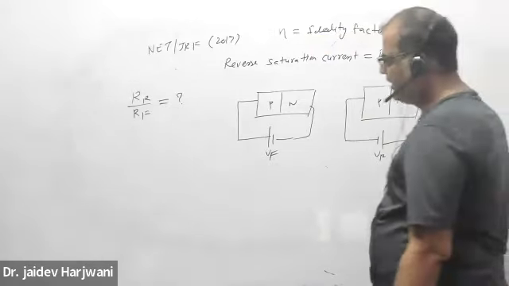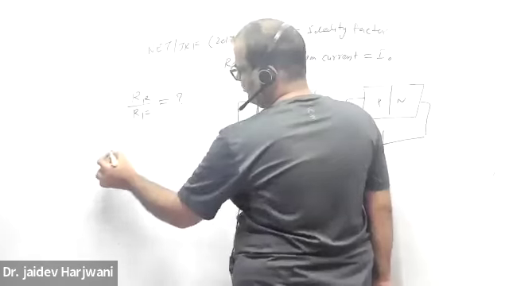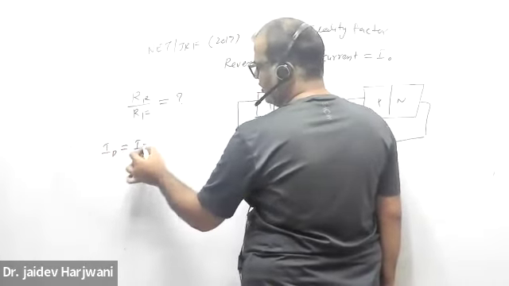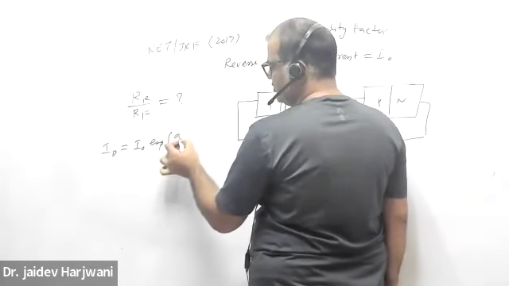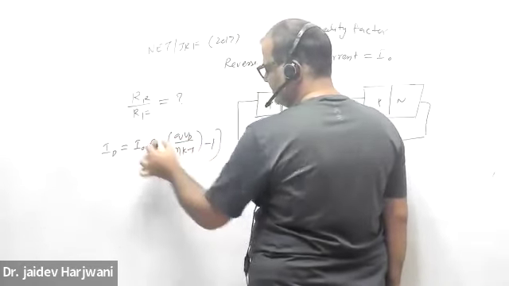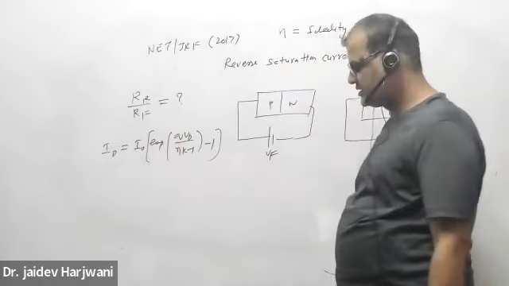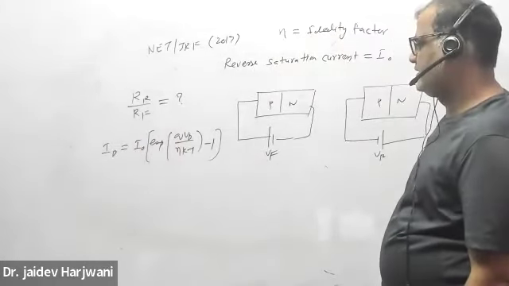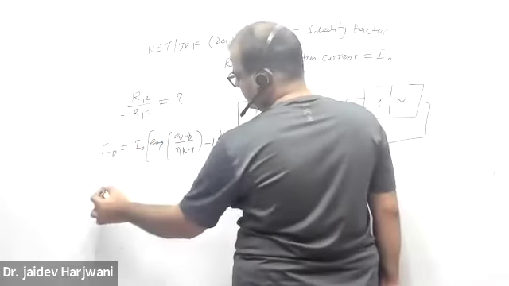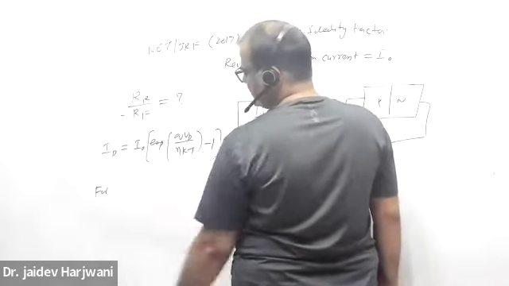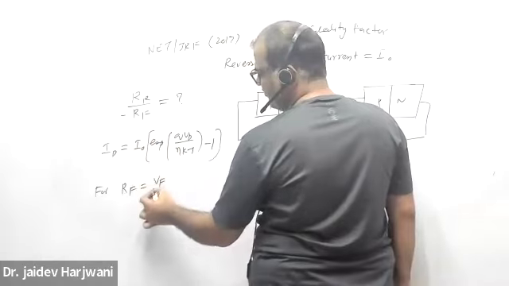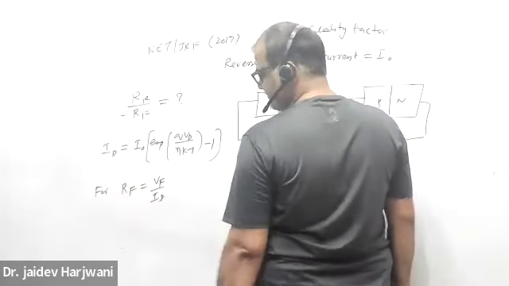Now I know that ID is given by I naught exponential QVD upon eta KT minus 1. This is the equation. And if I want to find the forward resistance, RF is VF upon ID.